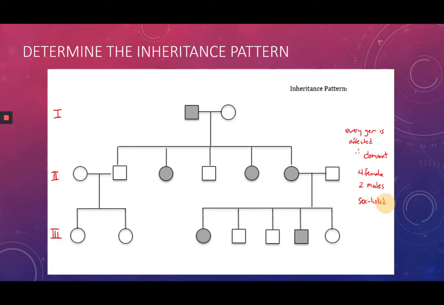So in the end, this inheritance pattern could be sex-linked dominant. Okay. So again, because it's sex-linked, the best thing to do is to write in the chromosomes of all the males and females. So that's what I'm going to do right now.